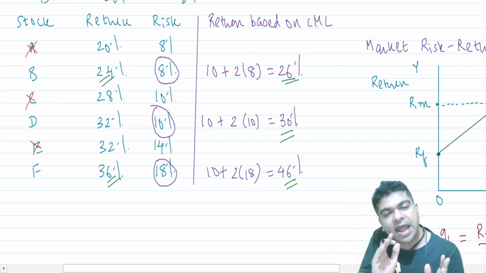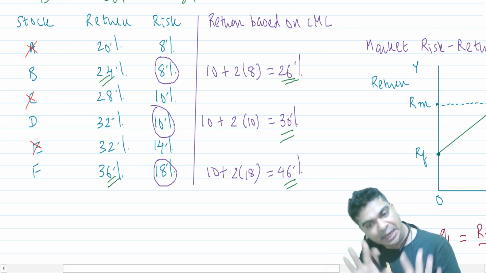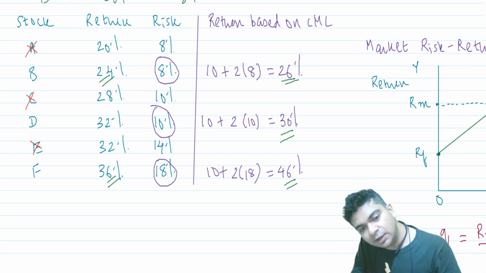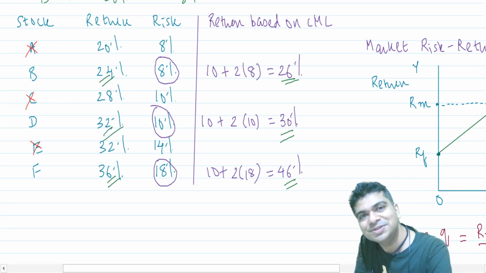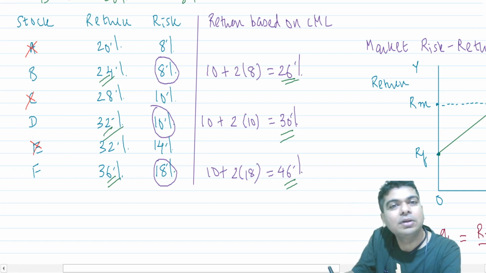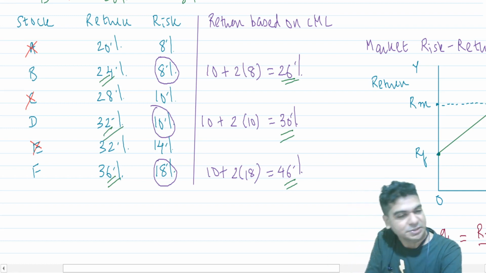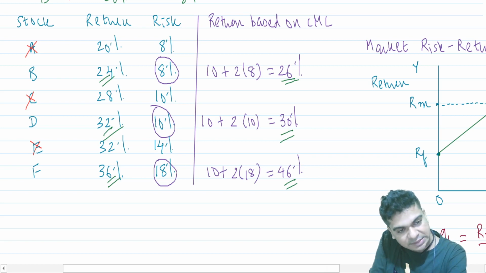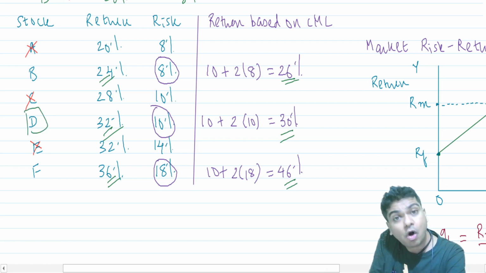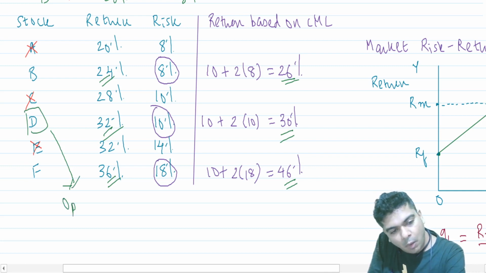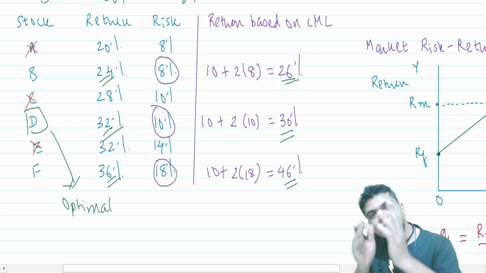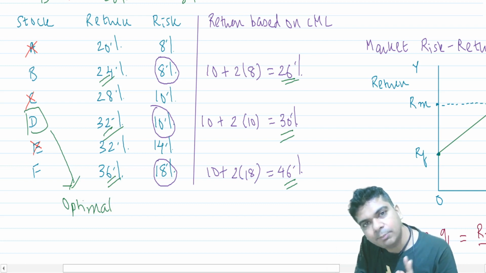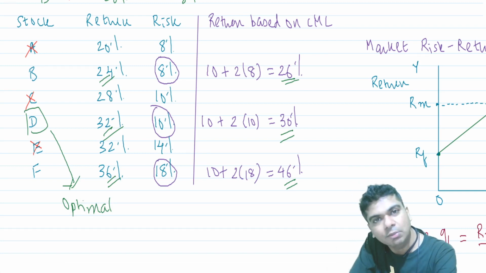If I do a very good risk return balancing, I should get 30% return. But this security will give you 32%. It's giving you more than what is required. What does that mean? It means security D or portfolio D is the optimal portfolio or the optimum security. So the optimal portfolio is finally available.